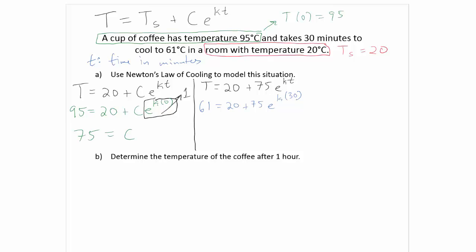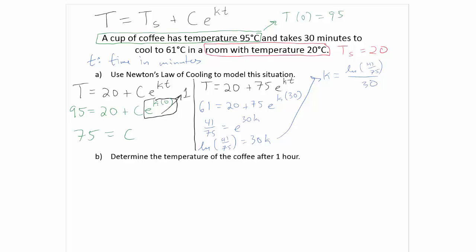I'm going to subtract the 20 and divide by 75. So then 41 over 75 is equal to e to the 30k. Apply the natural log to both sides. Natural log of 41 over 75 is equal to 30k. And dividing through by 30, k is equal to the natural log of 41 over 75 divided by 30.